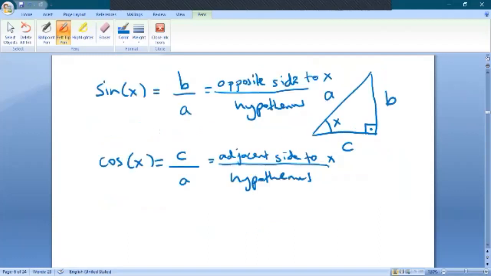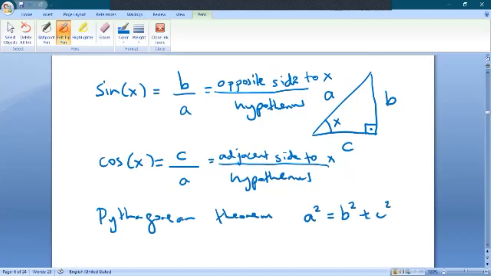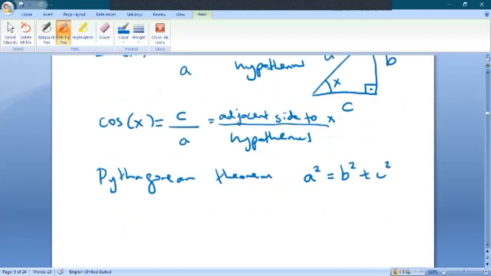So since we have a right triangle here, from the Pythagorean theorem, what do we have? A square equals B square plus C square, right? This is a very basic theorem.